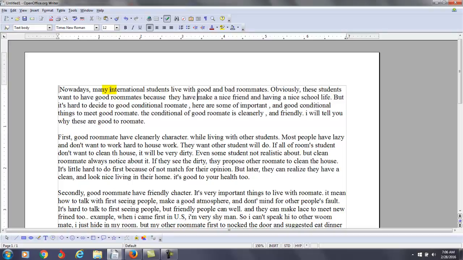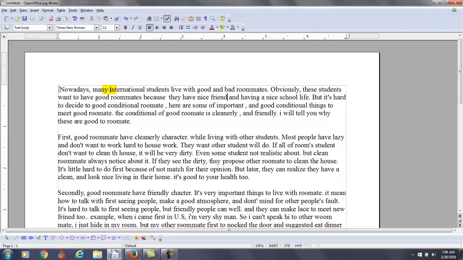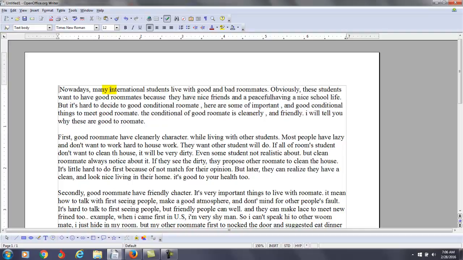They can have, we might say here, nice friends and maybe, let's say, peaceful school lives. Let's make this a little more formal here. However, it's hard to decide to have a good conditional roommate.